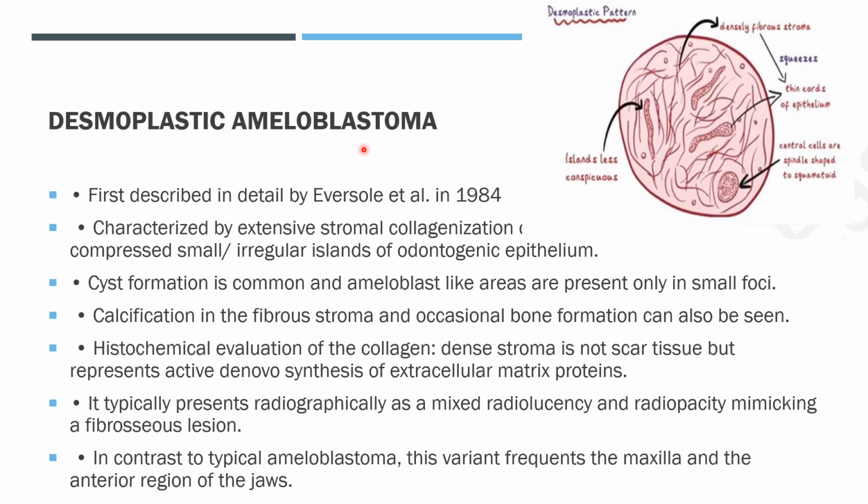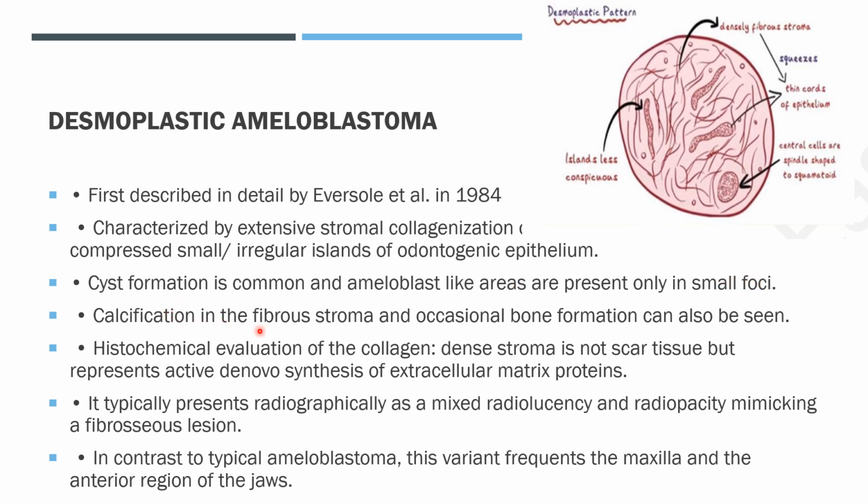Coming to the desmoplastic ameloblastoma. It was first described in detail by Eversole et al. in 1984, characterized by extensive stromal collagenization and compressed small or irregular islands of odontogenic epithelium. Cyst formation is common and ameloblast-like areas are present only in small foci.